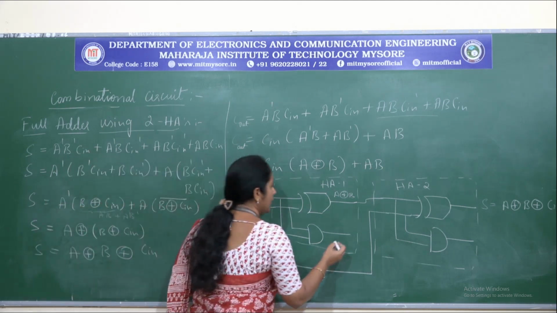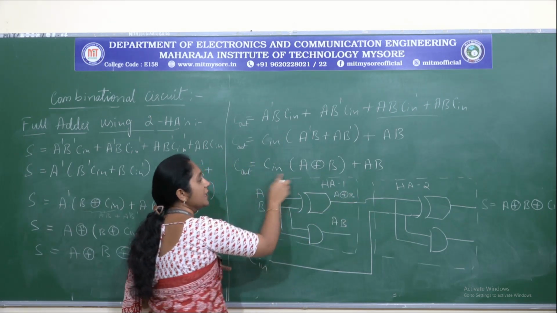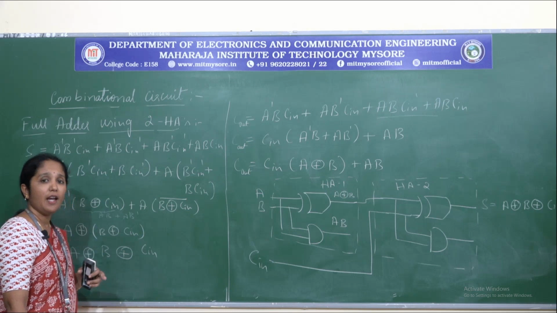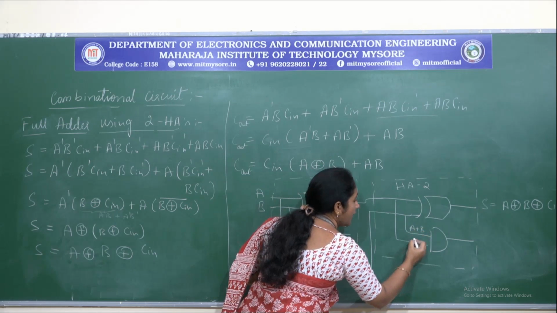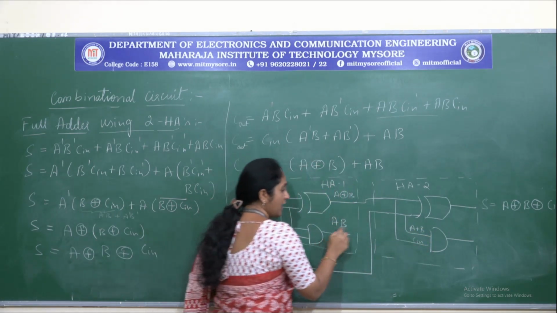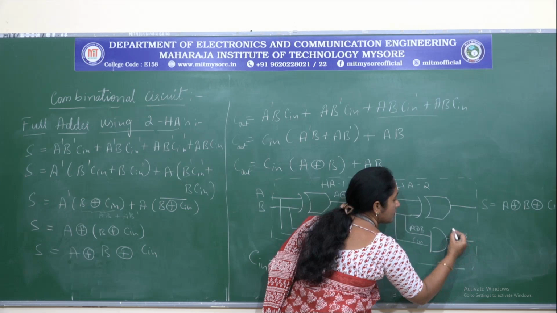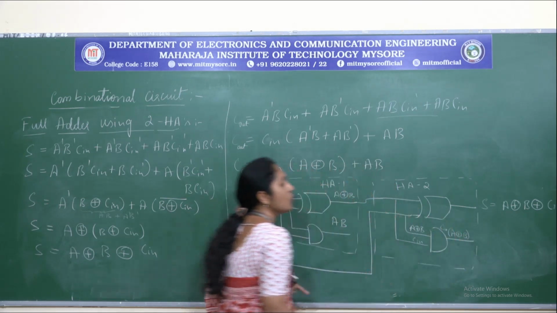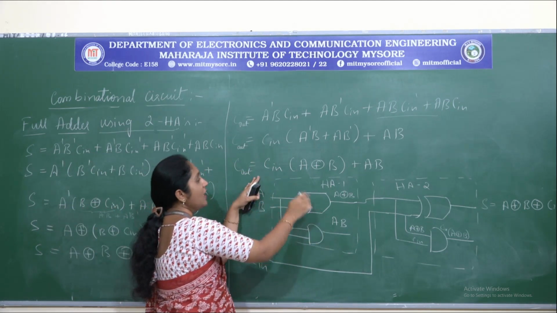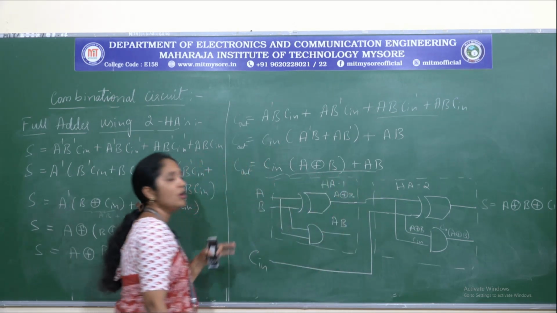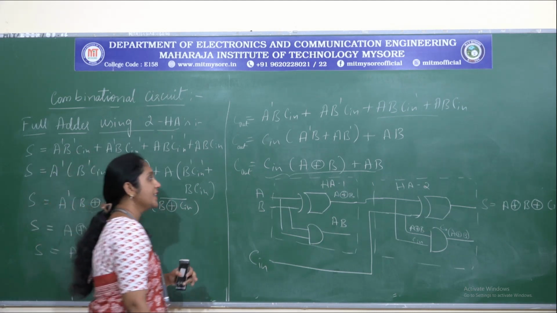Coming to the carry, here we have AB, which is a term required. Next, we need the AND between A XOR B and Cn. Here we have A XOR B and here we have Cn. Therefore, here we have AB, and here we have Cn into A XOR B. So the terms required to realize C out are available, but we need an additional logic gate to complete the realization.